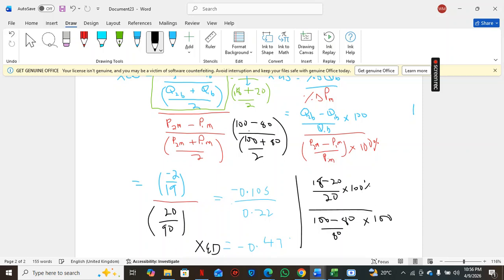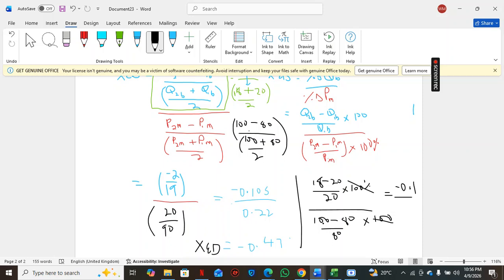We can cancel out these 100%. 18 minus 20 is negative 2. Negative 2 divided by 20 is negative 0.1.